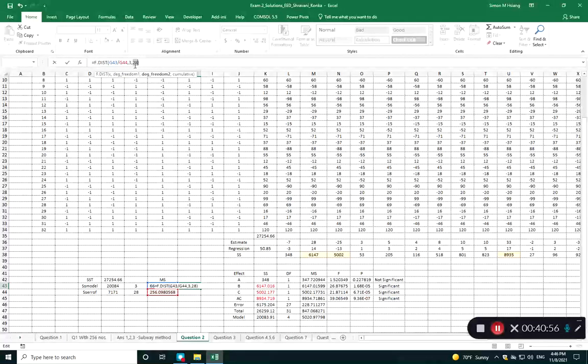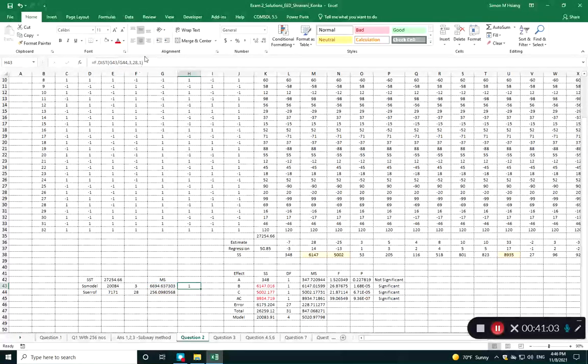What happened? You need to tell the function if it's cumulative. Oh, it's cumulative. Okay, so this is way too big. It's almost 1. But that's okay.